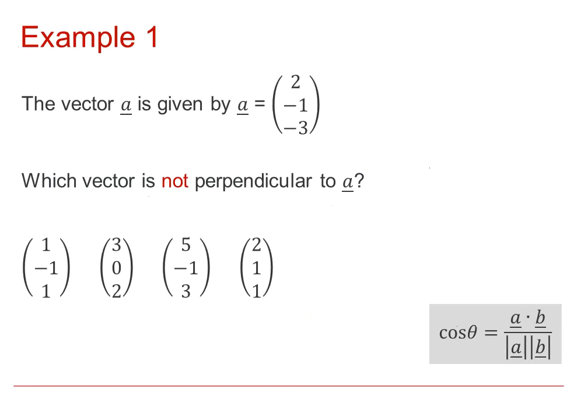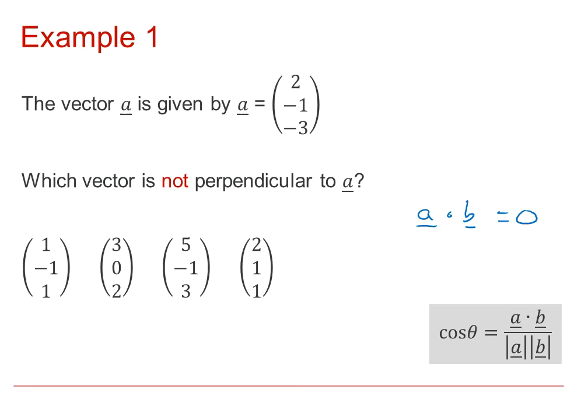Let's have a look at this question here. The vector A is given by (2, minus 1, minus 3), and we want to decide which vector is not perpendicular to A. If it was perpendicular to A, we would need A dot B to be equal to 0. So let's check the scalar products.